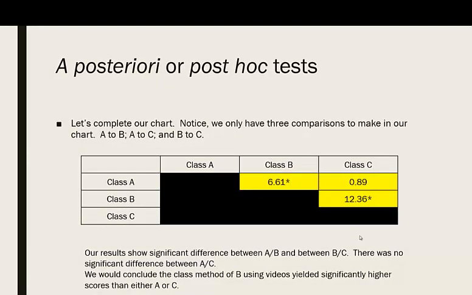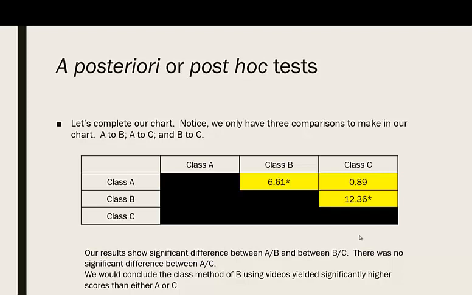Okay. So let's complete our chart. Notice we only have 3 comparisons to make. So when we do the Scheffé process, we fill our numbers in here, and you can see that the difference in Class A and Class B was 6.61, and I put an asterisk out there to show that it was significant.